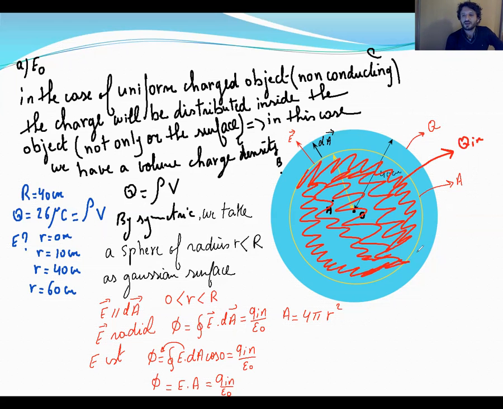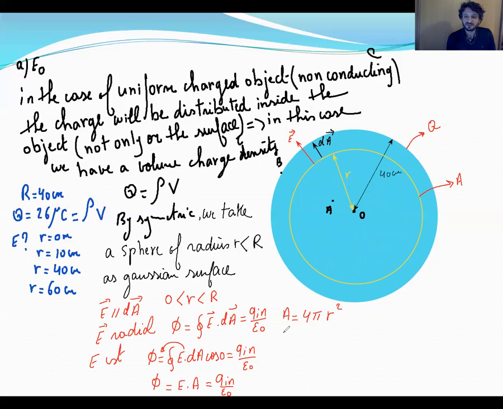And we said that we have a volume charge density, so Qn equals rho Vn. I repeat, it's inside here.